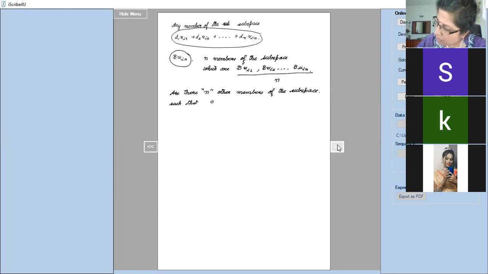We will call them phi1, phi2, phi3, phi n. These also belong to that subspace, but now there is a crucial difference between them. What is that difference? They are such that B operating on phi 1 will be giving me some B1 phi 1. B operating on this phi 2 will be giving me B2 phi 2. I am asking whether there are such members.